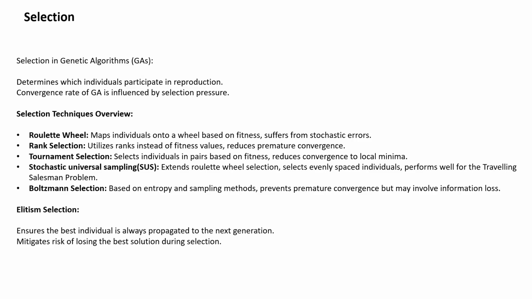There are other selection techniques as well: stochastic universal sampling and Boltzmann selection. Boltzmann selection is based on entropy and sampling methods and also prevents premature convergence, but it may involve information loss.